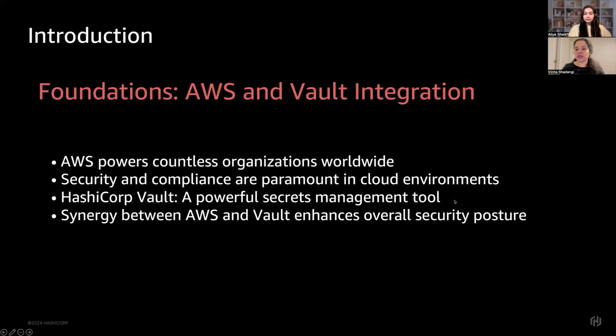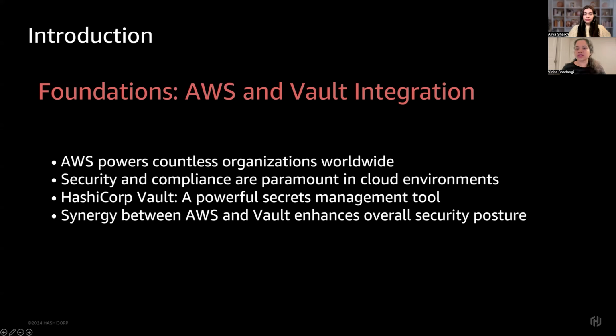By leveraging Vault's authentication mechanisms, such as AWS IAM and EC2 instance authentication, organizations can generate short-lived, dynamically generated credentials with precise access permissions. The integration supports automatic credential rotation, reduces static credential exposure, and implements fine-grained access policies across cloud infrastructures.